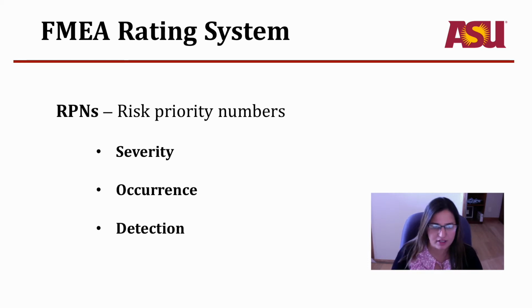We need to ask ourselves, how severe could the failure be? How often does this occur? Is it rare? Can we detect the problem before it can actually happen? We assign a number from 1 to 10 to 3 categories.